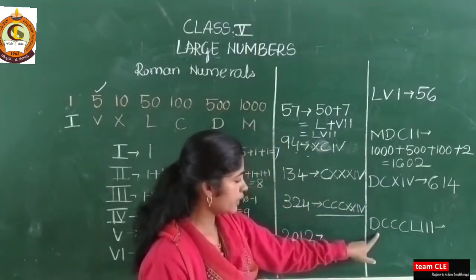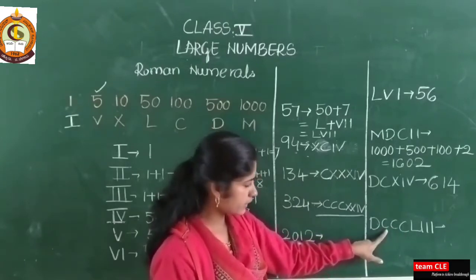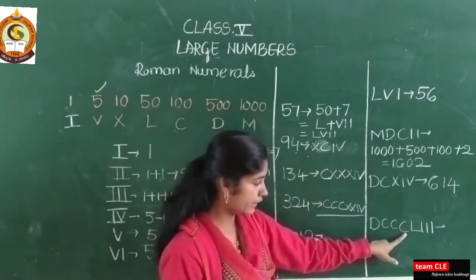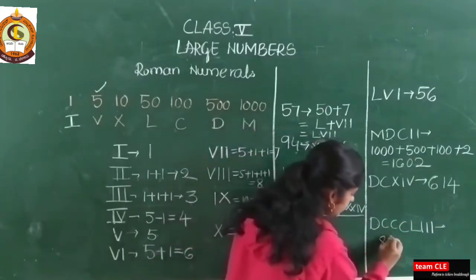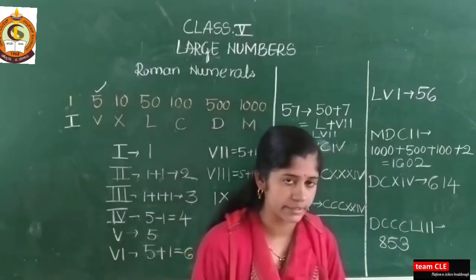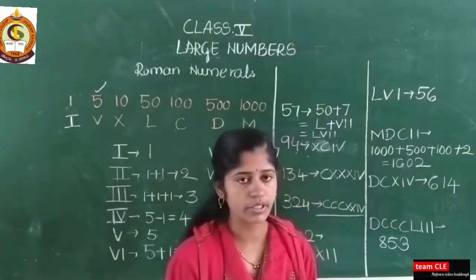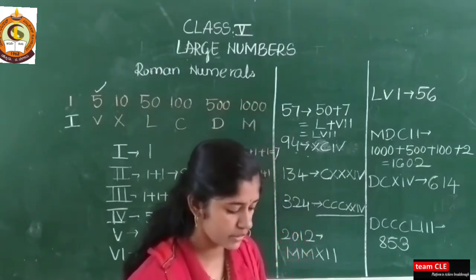See here DCCCLIII. D means 500, 600, 700, 800, 850, 853. So this type we are writing the Roman numerals. For this you need to practice more and more. So please keep practicing at home.